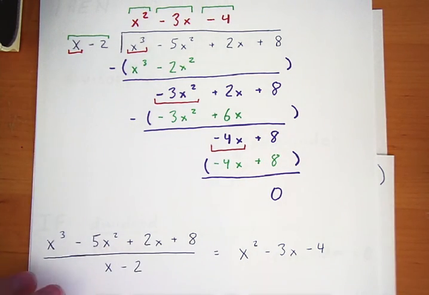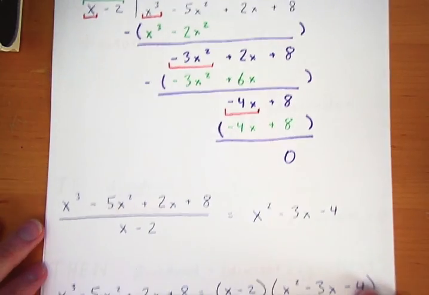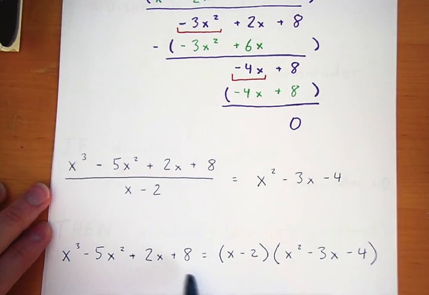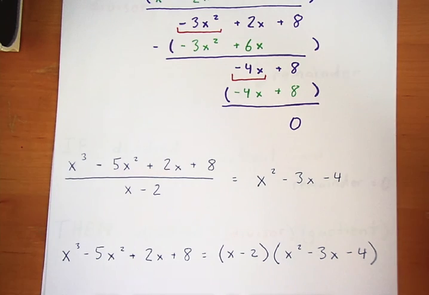All right, so if this one divide this one is equal to this, I can rearrange the terms to look like this. To go from here to here, all I did was multiply both of the sides times x minus 2 to get this.